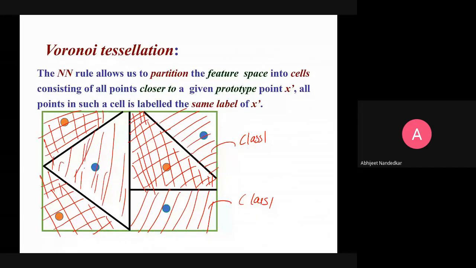So like that, by implementing the nearest neighbor rule, you can see that we are actually creating non-linear boundaries.